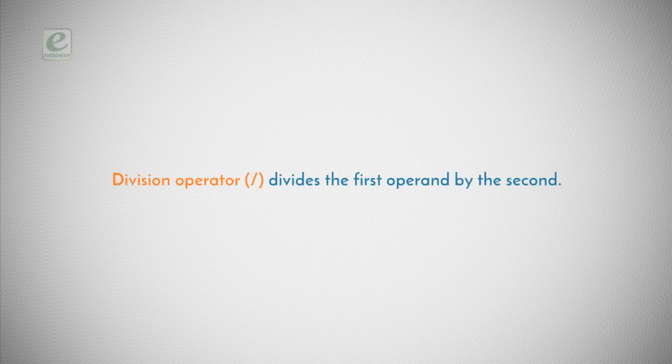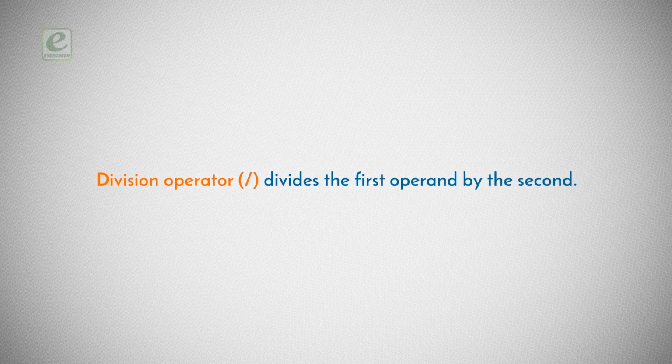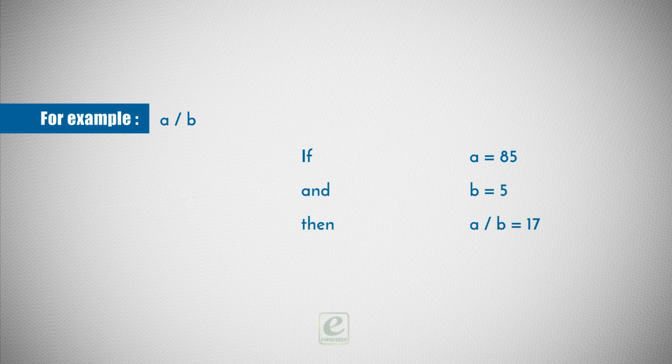Division operator. The division operator divides the first operand by the second. For example, a / b. If a = 85 and b = 5, then a / b = 17.